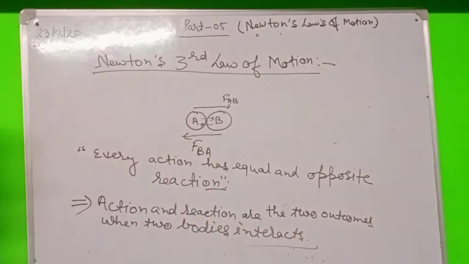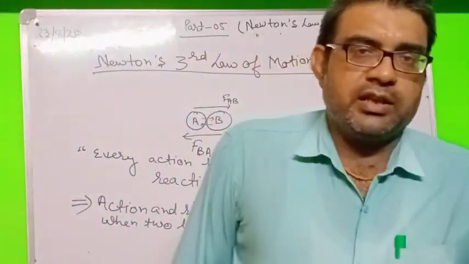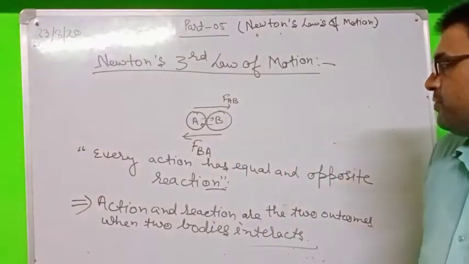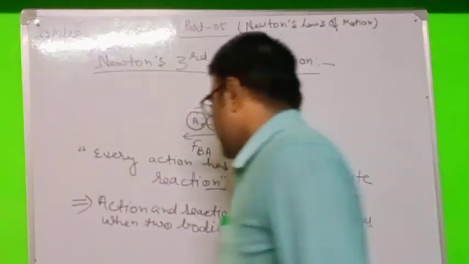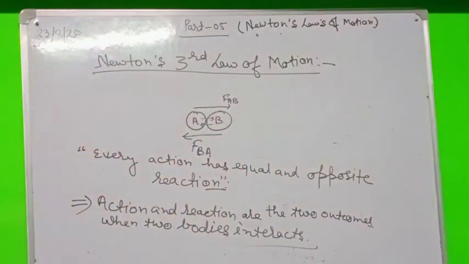When there is an interaction between two bodies, then there are two forces. One force is action and the other force is reaction. So action and reaction are the two forces.